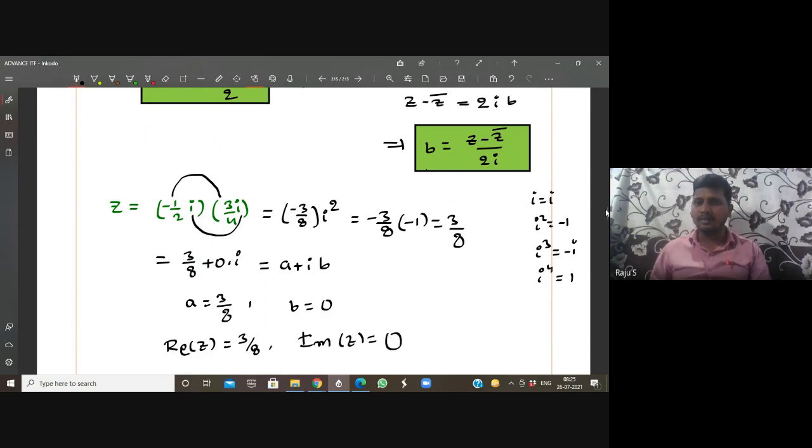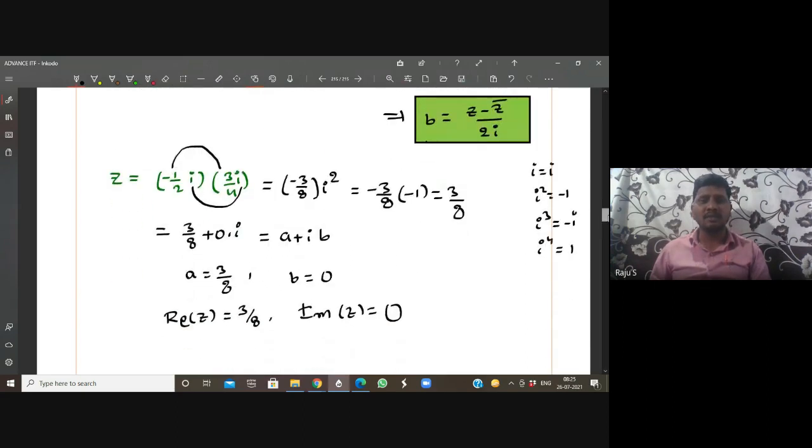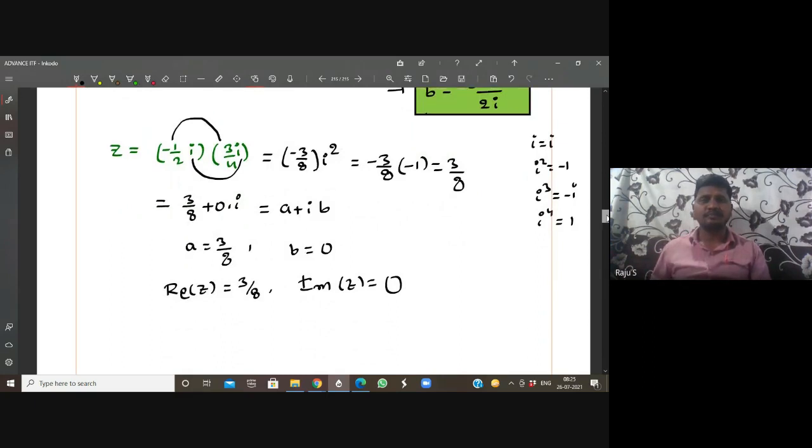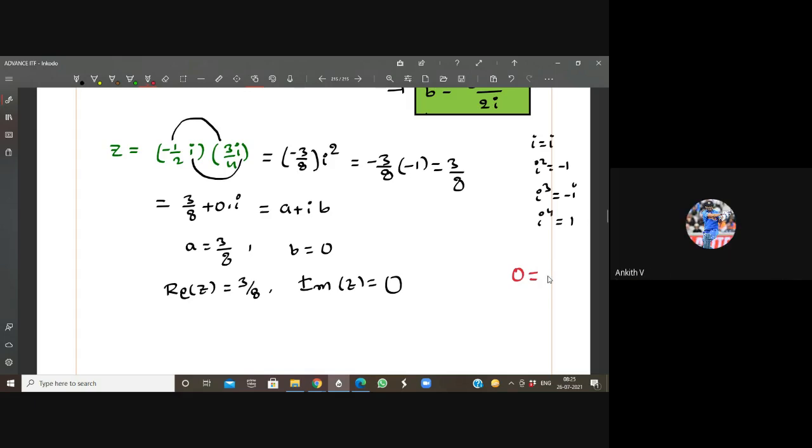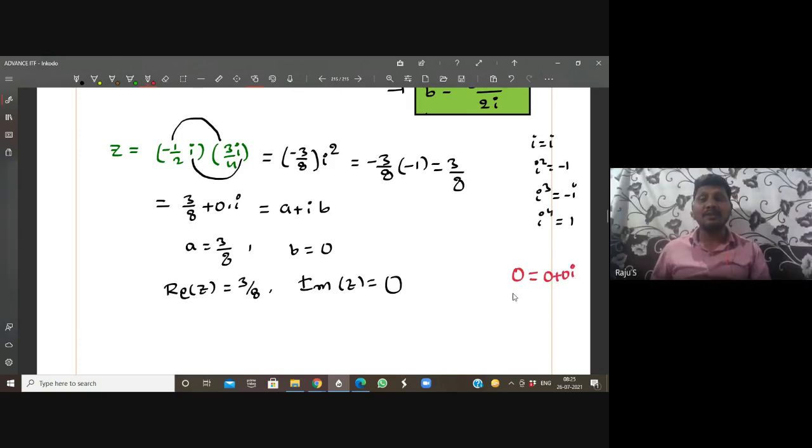If they ask for the real part and imaginary part, first you have to change it to standard form like that. My question is, is 0 a complex number or only a real number? It is a complex number also. That can be expressed as 0 plus 0i. Absolutely right. Every number is a complex number.